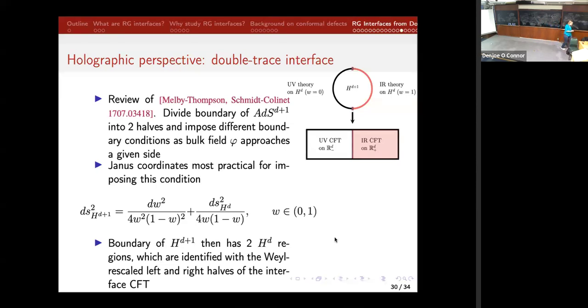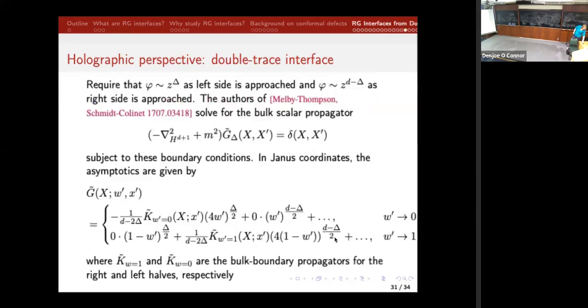Okay, so we have this asymptotic behavior for G tilde, which is basically what we require of G tilde.